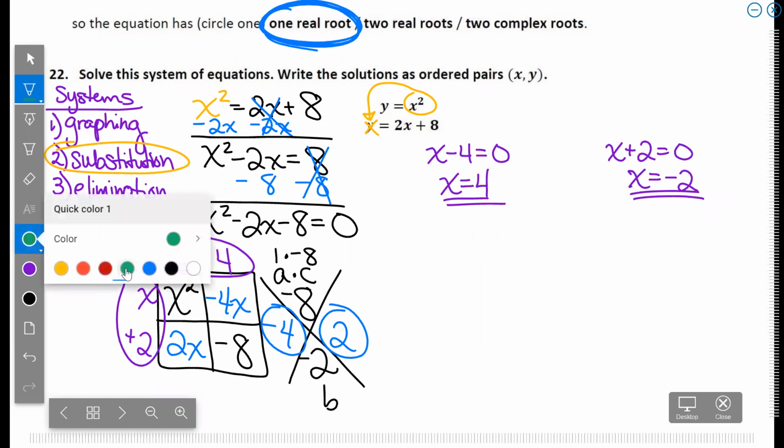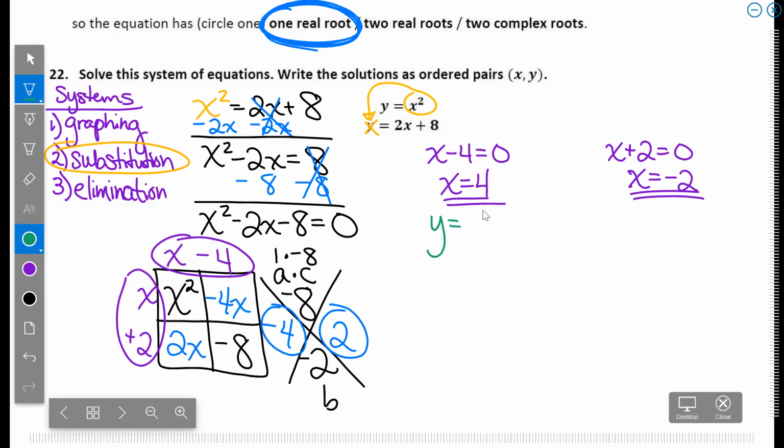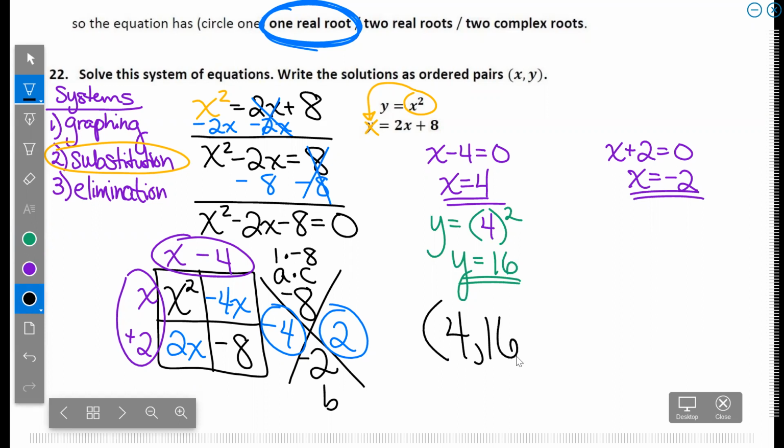Do you guys want to use the top equation, y equals x squared, or use the bottom equation? Top one sounds fine to me. Y equals, and then I'm going to substitute in what we found for x, which was 4. And then I'm going to square it. What is 4 squared? So y is 16, which means I have an ordered pair solution at 4, 16.